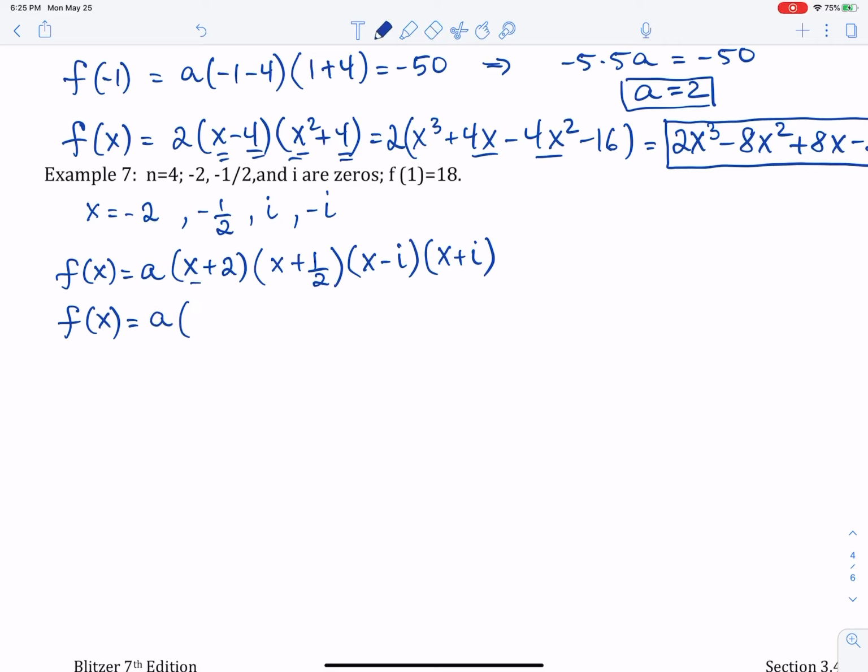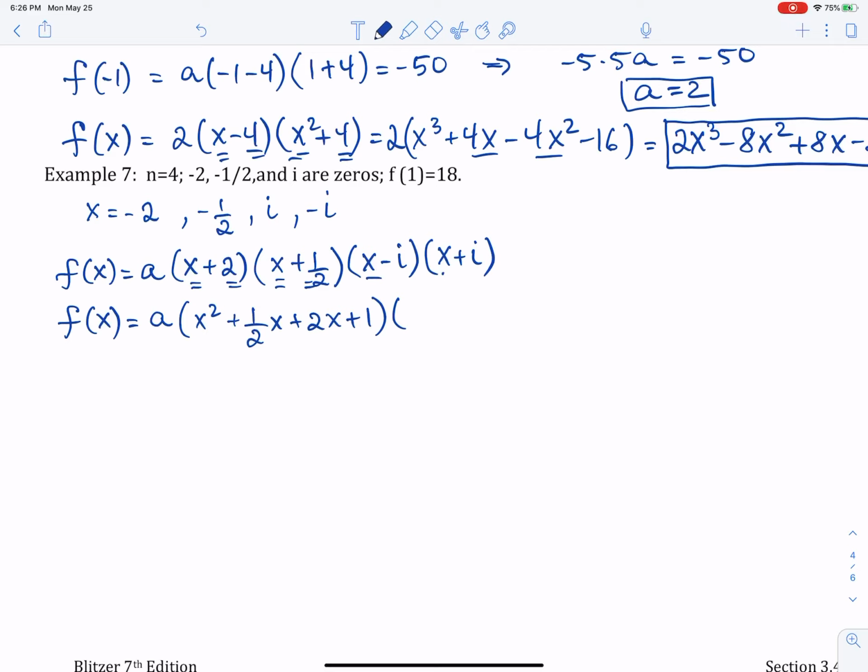That's x times x is x squared, x times 1/2 is 1/2 x, 2 times x is 2x, and 2 times 1/2 would be 1.